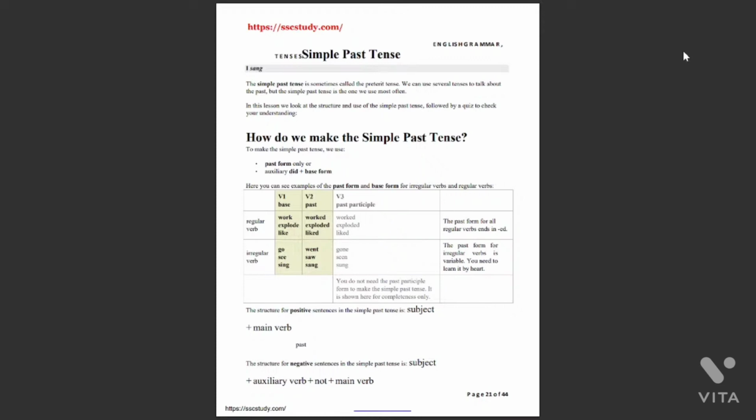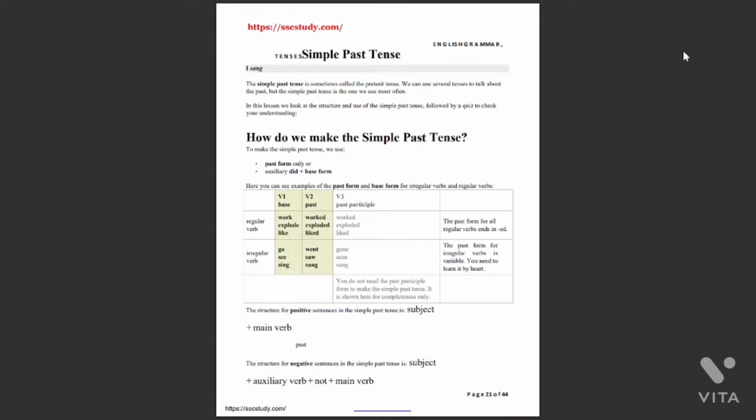In the last live lessons I have gone through present tense, present perfect, continuous tenses, all these things. So today I want to deal with simple past tense. What is simple past tense?